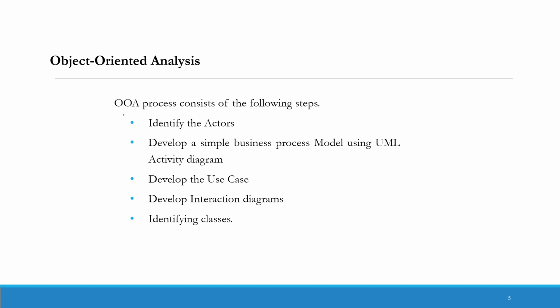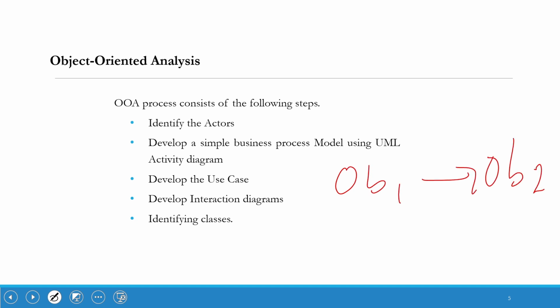The other thing you have to do in object-oriented analysis is an interaction diagram. For example, one object will interact with another object. Maybe this object may send a message, maybe there will be a reply, and vice versa.